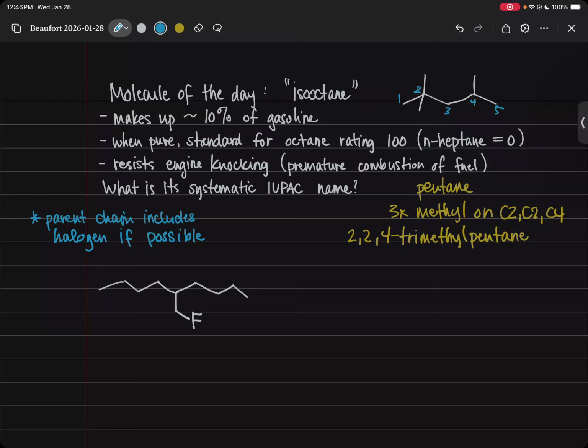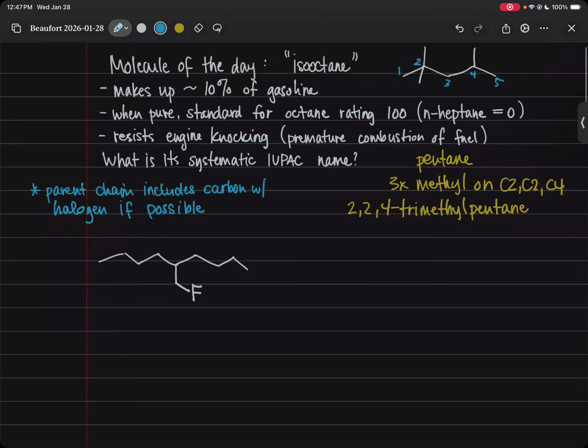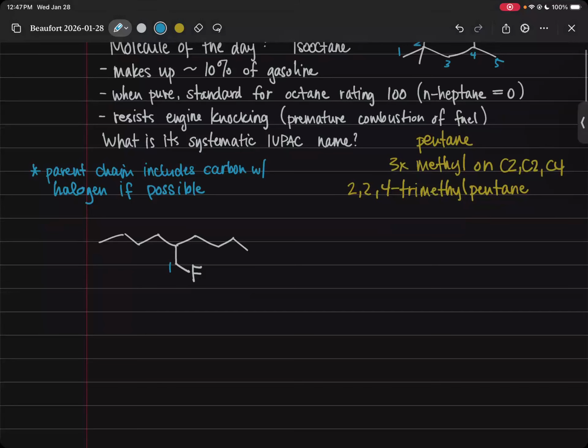And so that means that our parent chain includes the carbon with the halogen, really is what I should say, because our parent chain is going to start at that carbon.